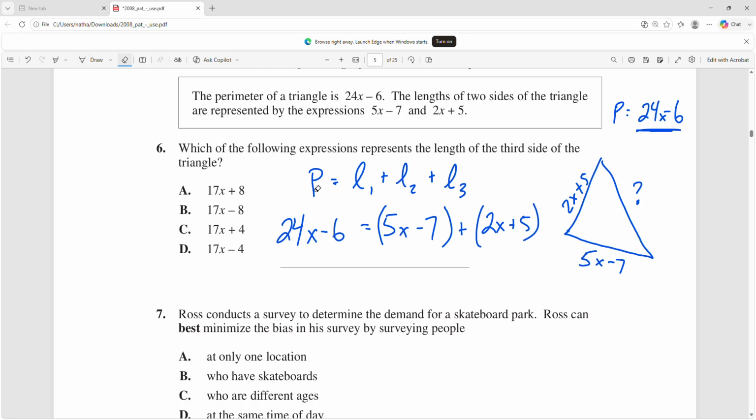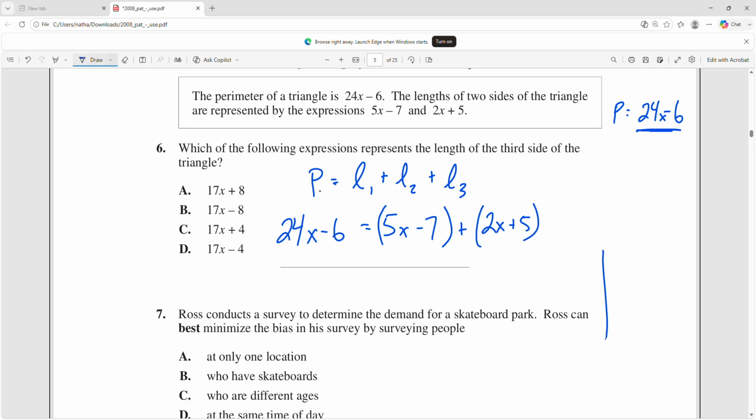And I gotta move my triangle here now. Redraw that in a second. Okay, unknown. What did I say? Something like that. And this one is 2x plus 5. Okay, plus something. We don't know that side length, so I'm just going to leave that as my question mark.